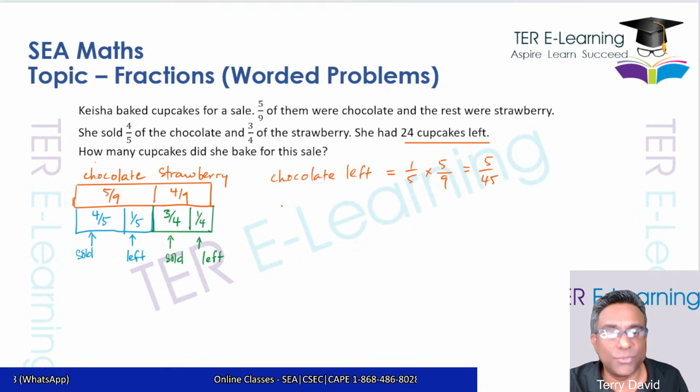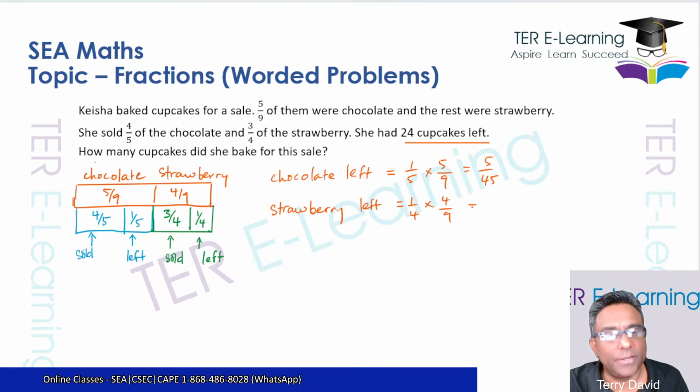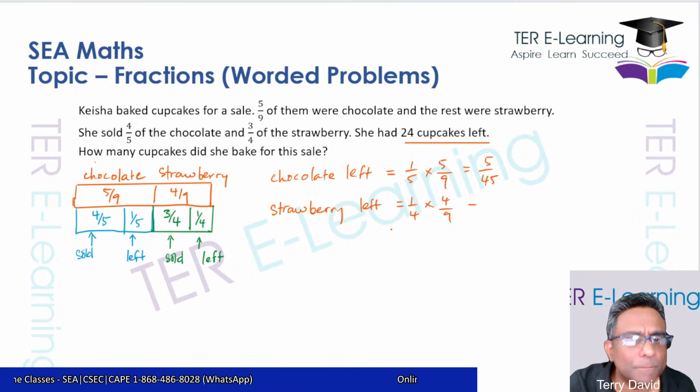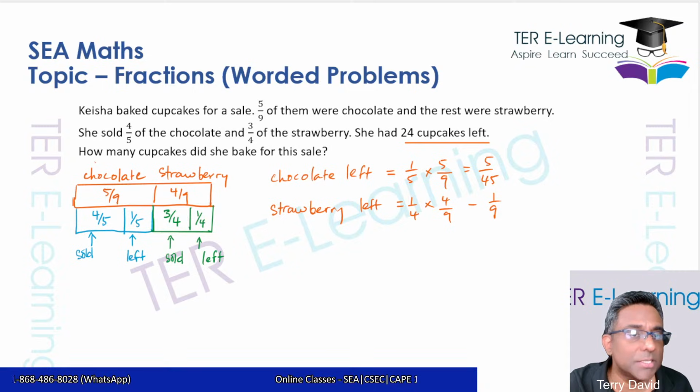The next thing we're going to do is work out the strawberry that is left. The strawberry that is left is a quarter multiplied by 4/9. Make sure I'm getting that correct. Yeah, that is going to give us 1/9. I hope that's making sense.